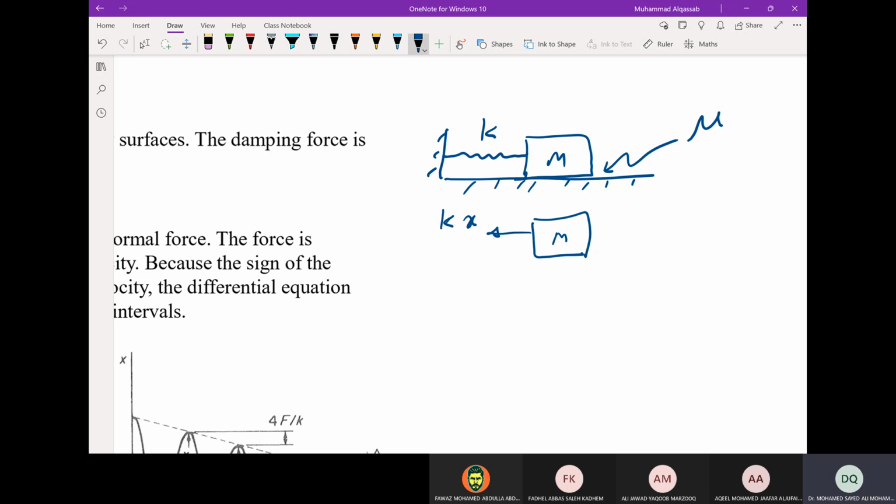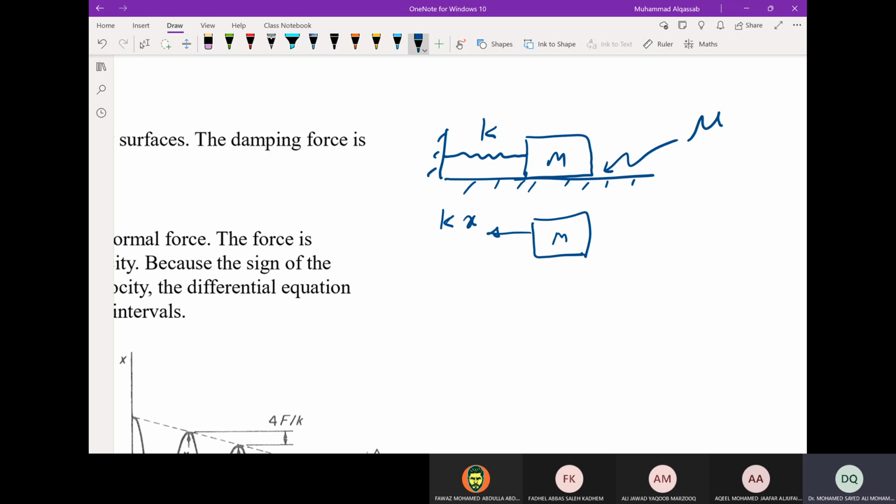And you know that oscillation means cyclic, and it will move right to left and left to right. This is one cycle. In one cycle, the mass will go in one direction, to the right, say, and then it will move to the left, and this will complete one cycle.